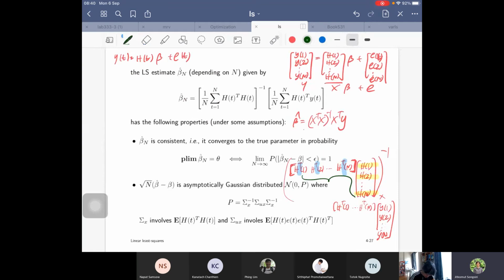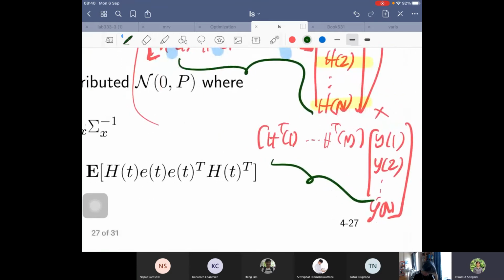Now, the term inside the bracket is going to be the summation of H transpose H. And the other term, Napat, can you multiply this guy in the bracket? H1 transpose Y1 plus H2 transpose Y2 and so on until the end.